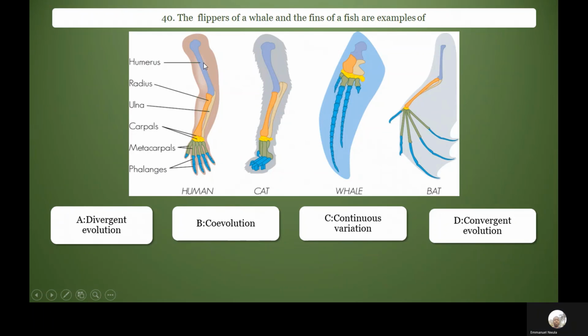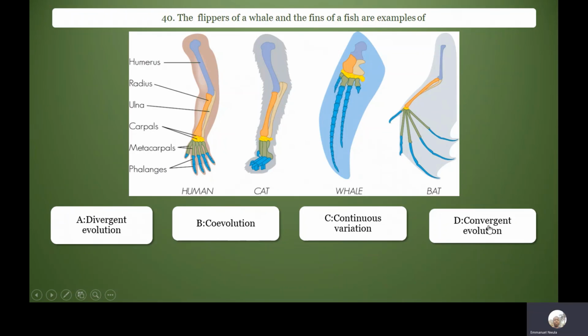Fish and whales don't belong to the same class of vertebrates. Whales are mammals. So in terms of ancestry, they are not related, but the two structures are performing the same function. We call it convergent evolution.